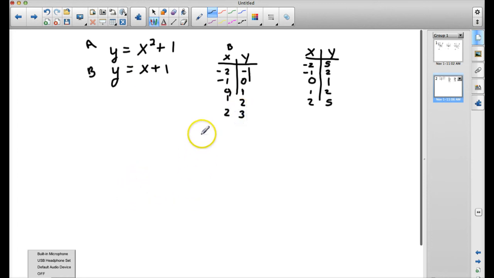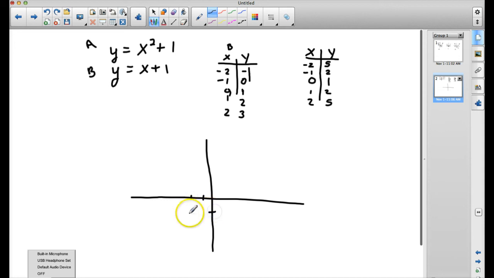So now I'm going to go down here to the best of my ability and graph the equations out. On here we have negative 2, negative 1. There's my first point. Negative 1, 0.